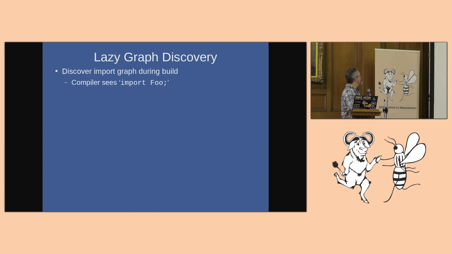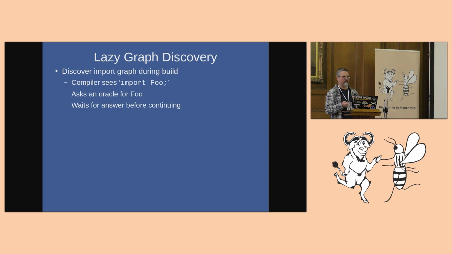So I see the import of something, and then I call some piece of my compilation system that says I need foo's BMI. And I wait for an answer and then continue. All right?